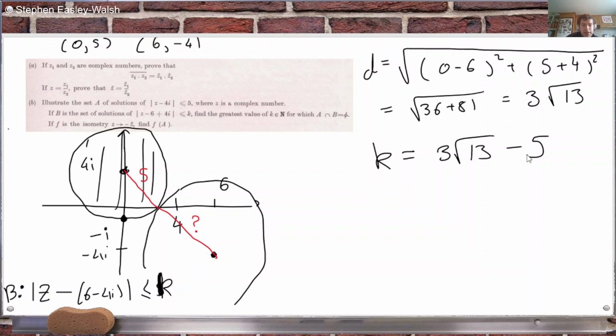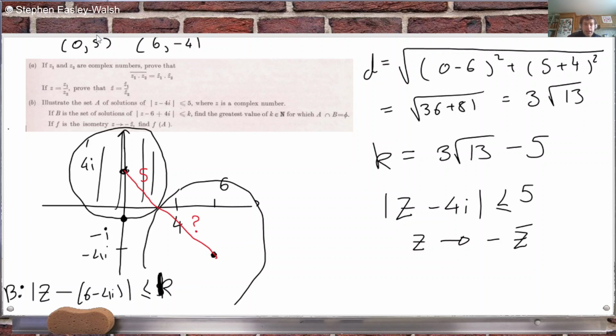Okay. And lastly, we just want to transform our set. So we have the set z minus 4i less than or equal to 5. And then we have the transformation z gets flipped to minus z and the conjugate. So what would happen to the center of the circle?